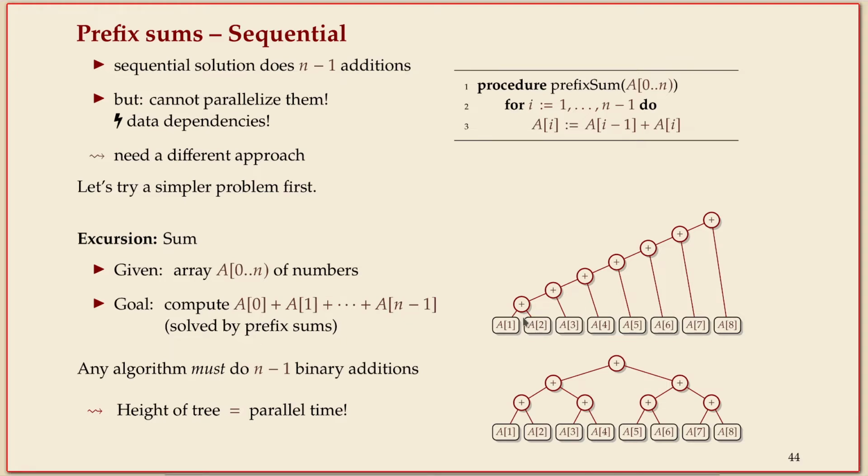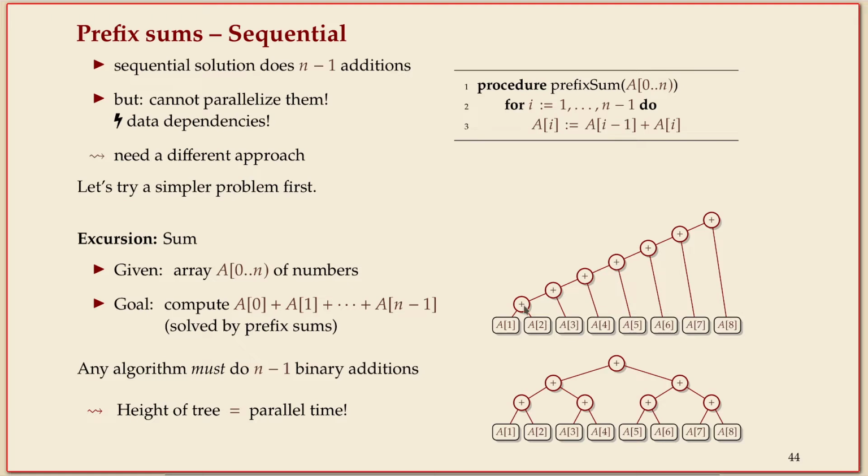But we're not forced to use this shape of a binary tree here. We can use a different one. For example, the one below, the balanced one. And in terms of data dependencies, we want to do this because here the data dependency basically meant following a path. This last element was what we wanted, the total sum, and it depended on this, which in turn depended on this, and so on.